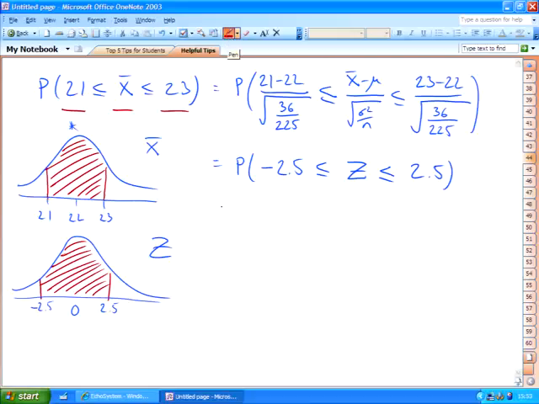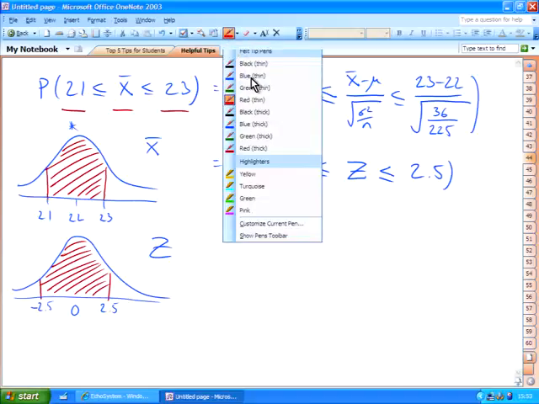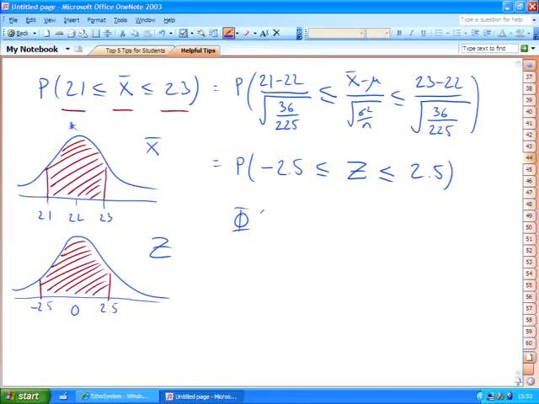Well, I could look up the following. I could look up the phi of 2.5. And if you go to your standard normal tables, that should give you, to 4 decimal places, 0.9938. Well, what is the phi of 2.5?